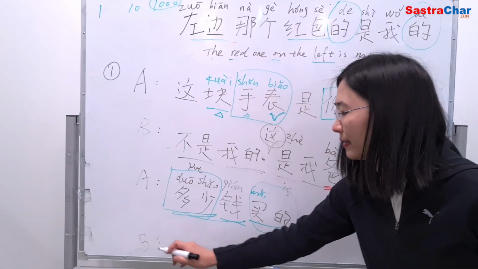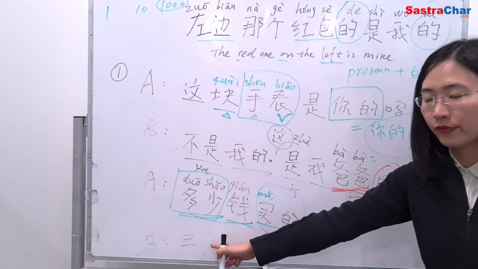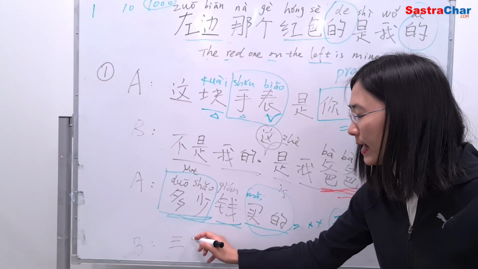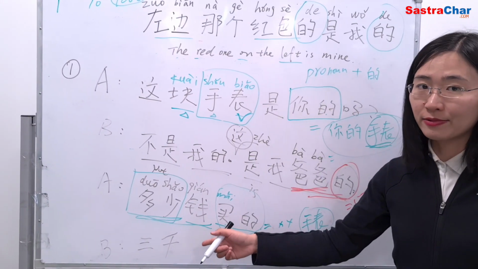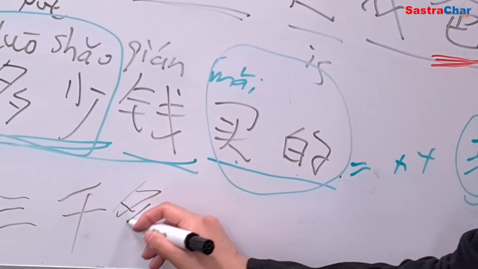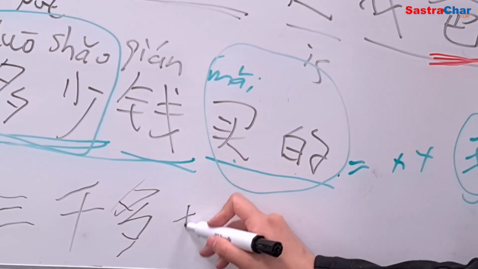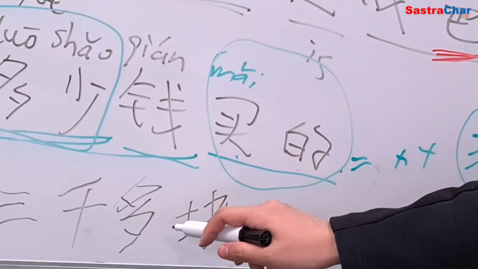Okay, then the answer is 3000多块. Okay, 3000多. 3 is the word for 3. And 千, what is 千? 千 means 1,000. Remember? And 多, what about 多? Okay, 多 is more than.